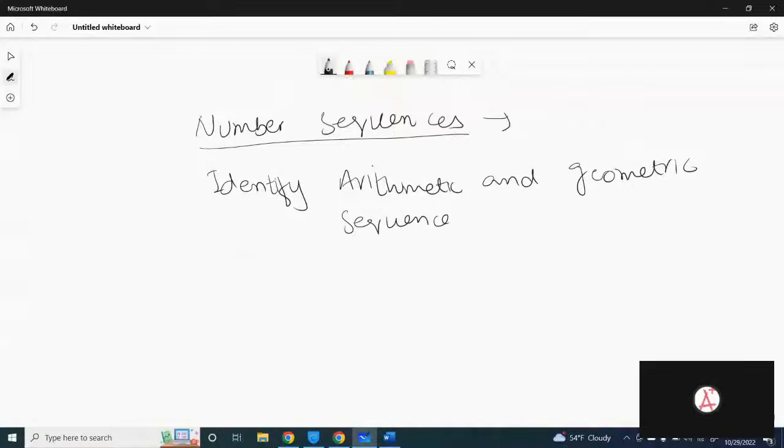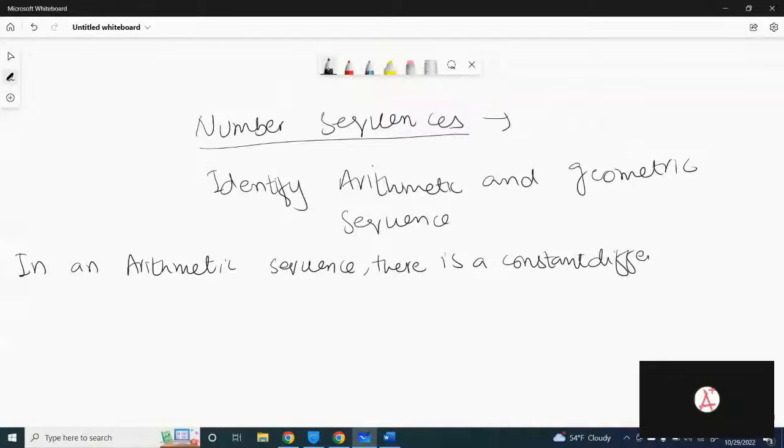So in an arithmetic sequence, there is a constant difference between consecutive terms.